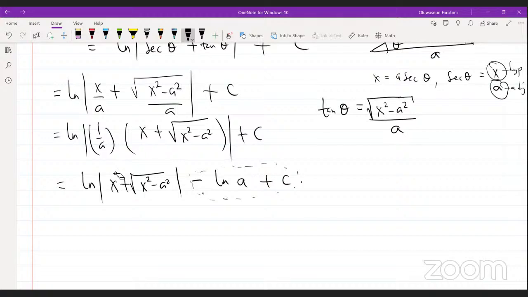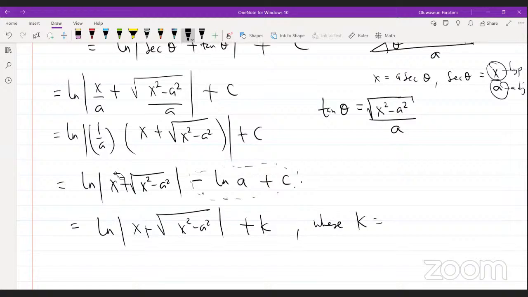So call that guy C1, or let's call it K. This is going to be ln of x plus the square root of x squared minus a squared, plus K, where K is actually C minus ln of a. And then that's just what we need, guys.